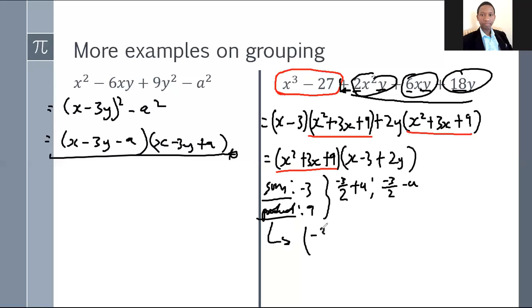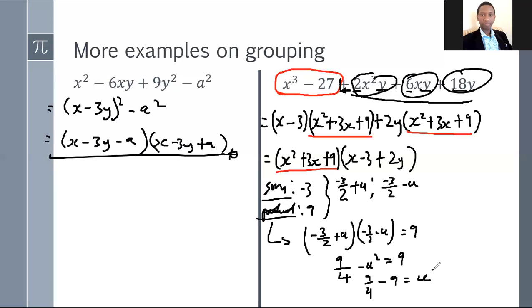So this will be negative 3 over 2 plus u, into negative 3 over 2 minus u. This should give me a 9. And we know this is always going to be the difference of 2 squares. So this is 9 over 4 minus u squared is equal to 9. So you realize you have 9 over 4 minus 9 is equal to u squared.